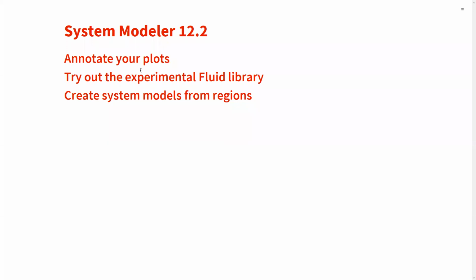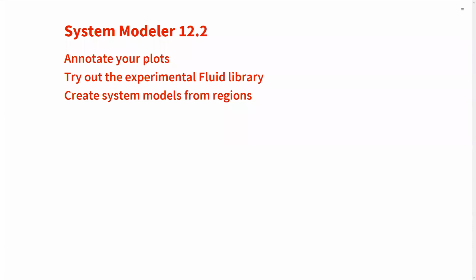In general, I would say that 12.2 is a lot about getting better workflows and making it easier to develop your models and document your models, in a sense, as well as keeping the progression of being able to model more and more things, of course. I have chosen 3 things to focus on here today.